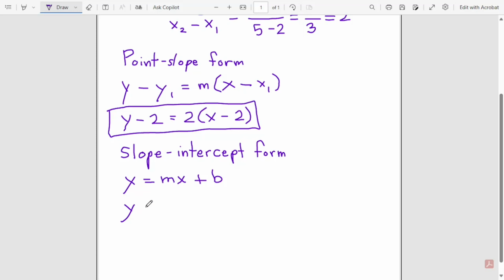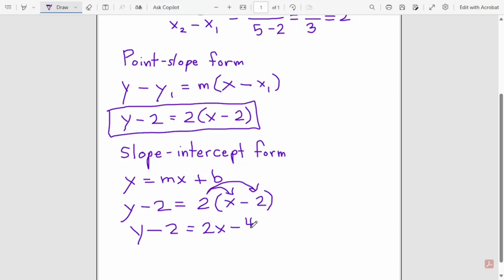I'm going to start with y minus 2 equals 2 times x minus 2. And let's distribute this 2. So we'll multiply it by the x and by the 2 over here. So we have y minus 2 equals 2x minus 4, because 2 times 2 is 4.